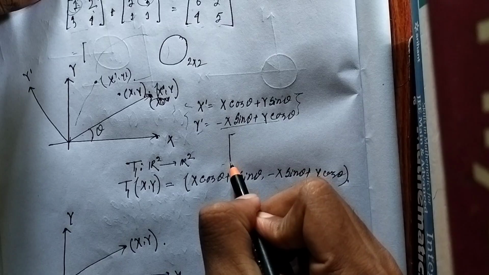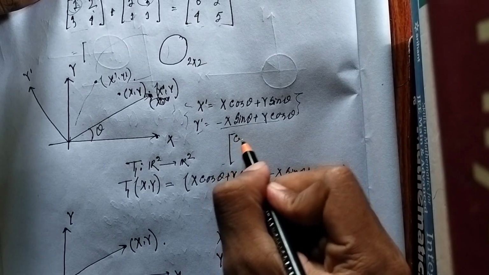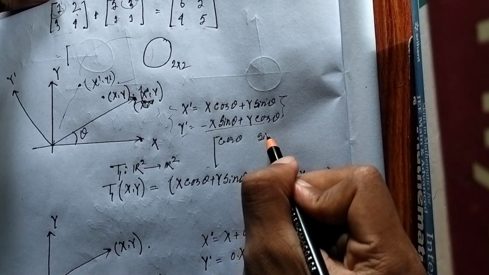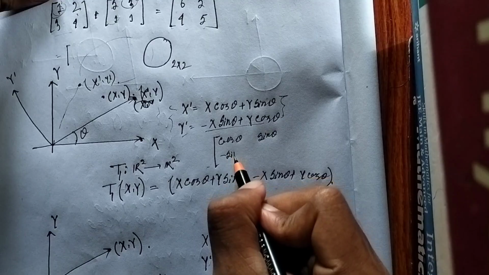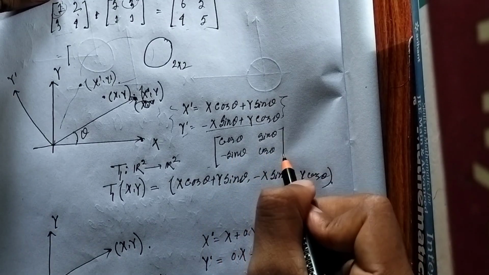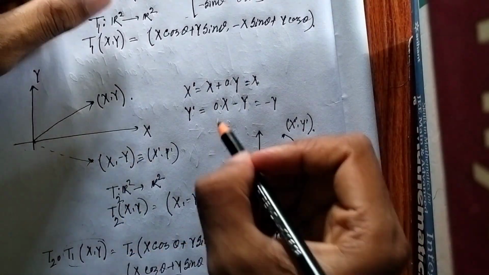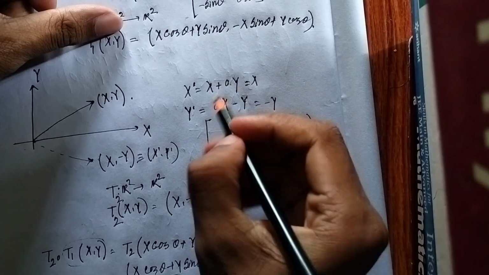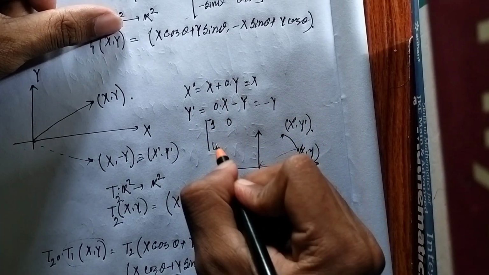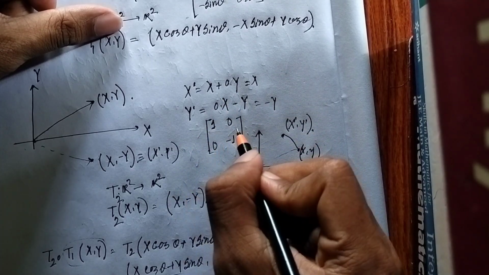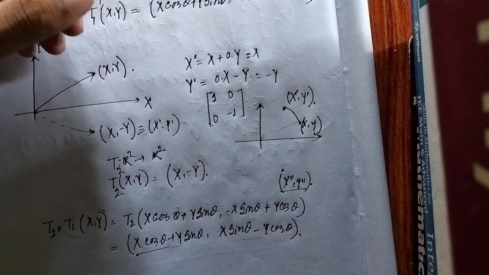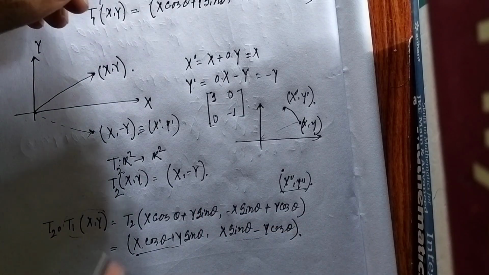So we write the coefficients as the matrix: cos theta, sin theta, minus sin theta, cos theta. And the other one: 1, 0, 0, minus 1. Cayley noticed that these are the two matrices.